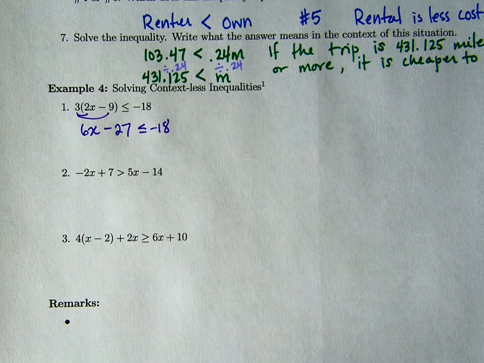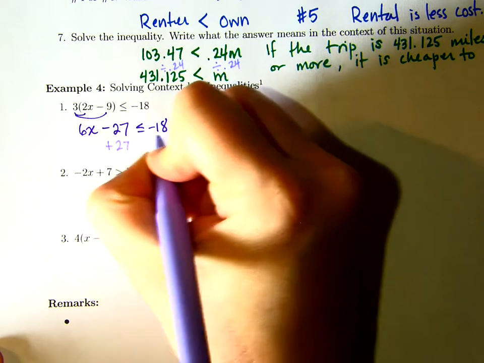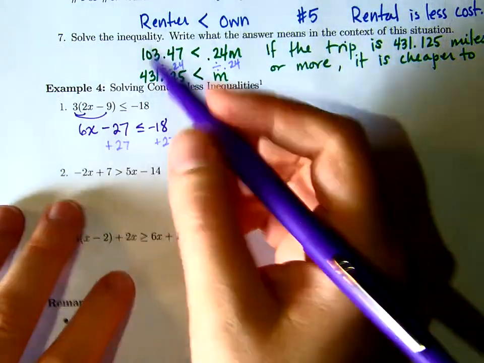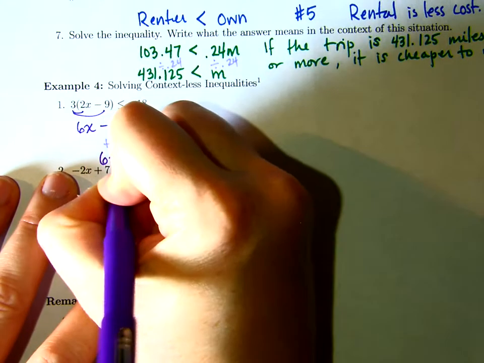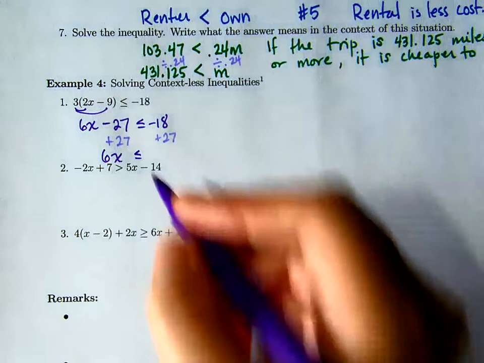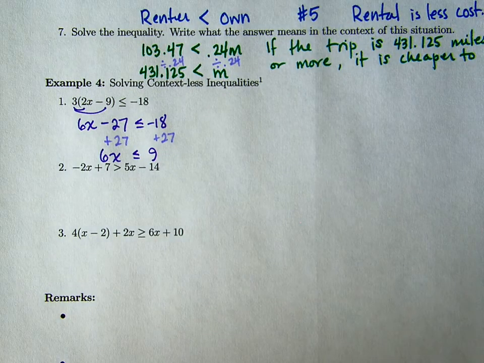But now I'm going to add 27 to both sides of this inequality, remembering that adding 27 does not change or reverse the inequality at all. So 6x is less than or equal to, what is that, 9? 9. And then I'm going to scale both sides down by 6.